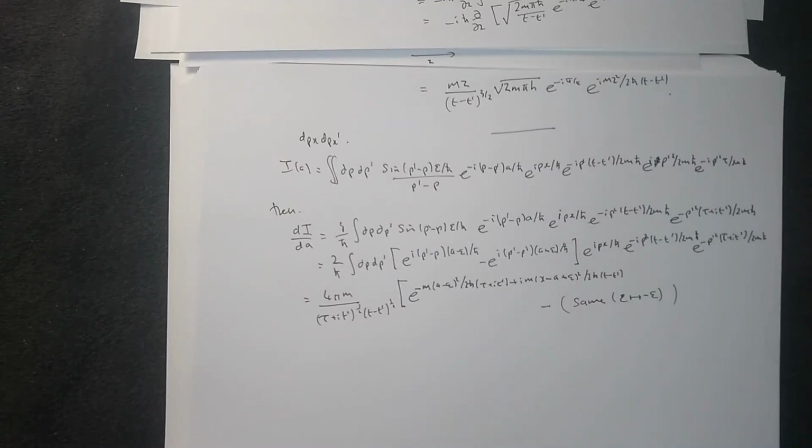And we did that just by repeatedly doing the p and p prime integrals. They were just Gaussian as usual.